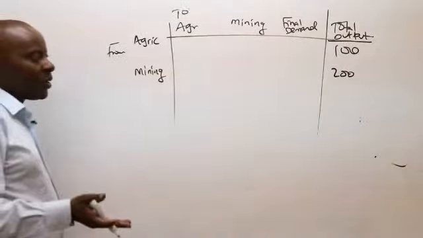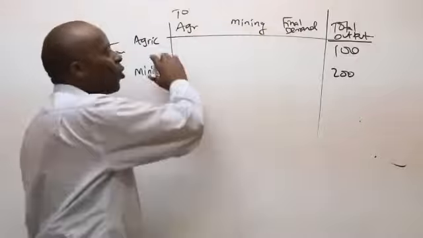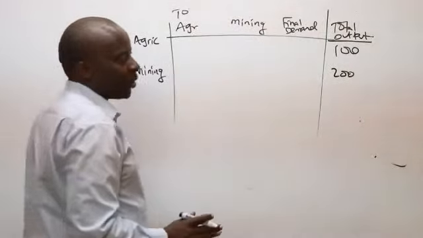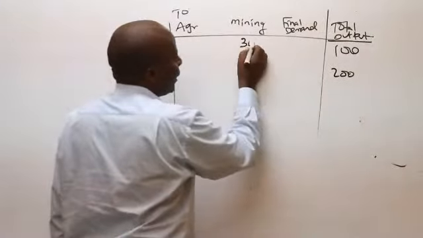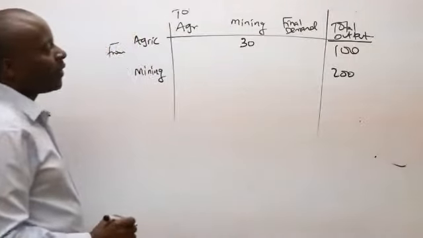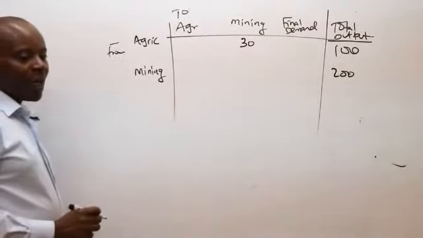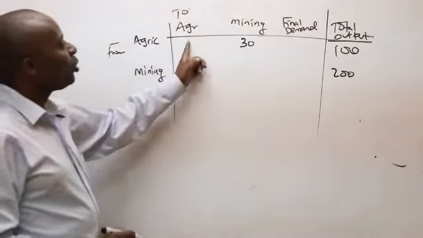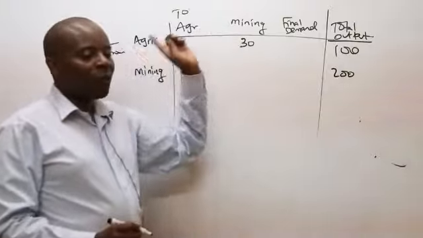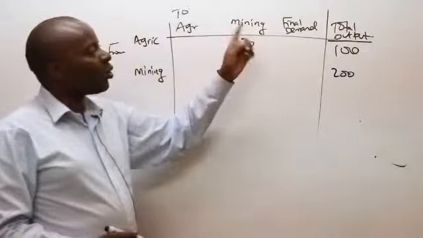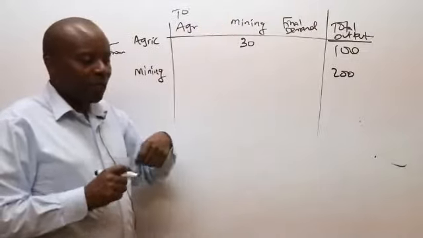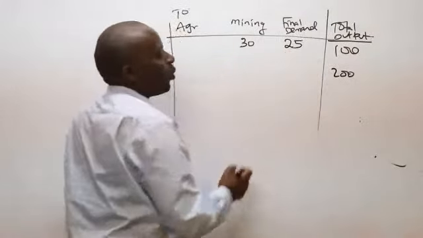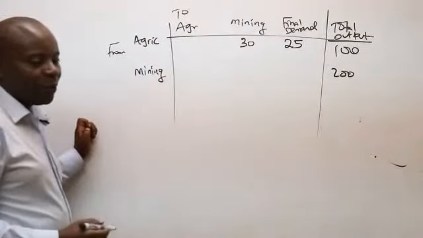Agriculture could have sold some bags of maize to the mining industry, perhaps 30 kilograms, and 25 kgs went for final consumption, what we call final demand.